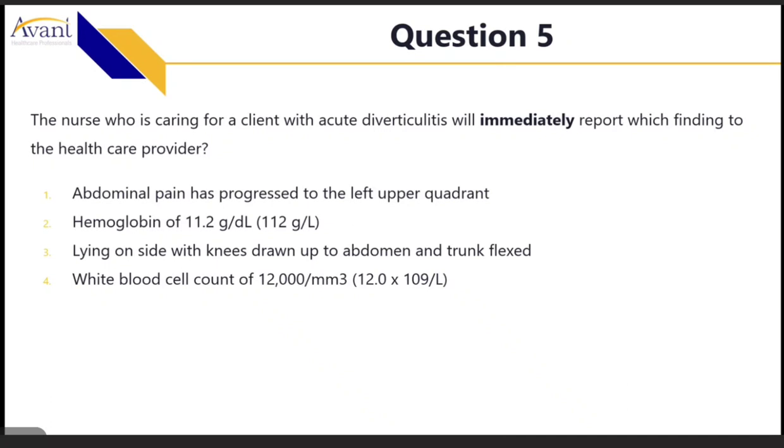Number 2, hemoglobin of 11.2 grams per deciliter. Number 3, lying on their side with their knees drawn up to the abdomen and the trunk flexed. Number 4, a white blood cell count of 12,000. Which one of these is of most concern? Like, oh, let me call the doctor about this one.